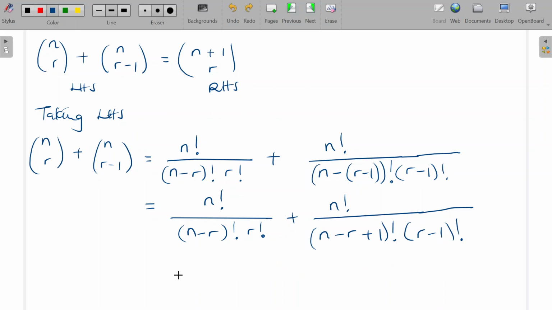So now we find the common denominator. Our common denominators are those ones which are big, and we just put them together. Between n minus r factorial and n minus r plus 1 factorial, which one is big?